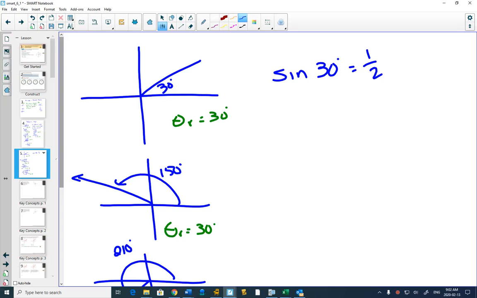That means since sine is opposite over hypotenuse, if I drew, can I extend this forever? If I picked any point and drew a line straight down, and I measured the length of that line, say I measured it and it was 2 centimeters, then I would know that the hypotenuse here would be 4, because 2 over 4 reduces to 1 over 2.